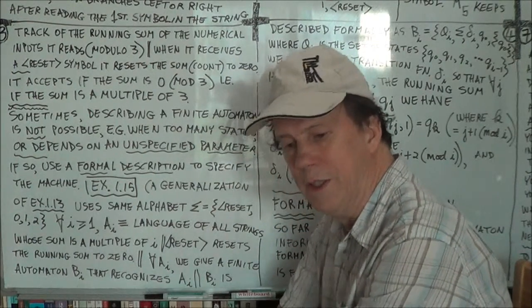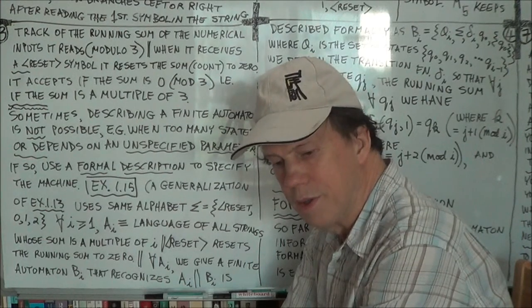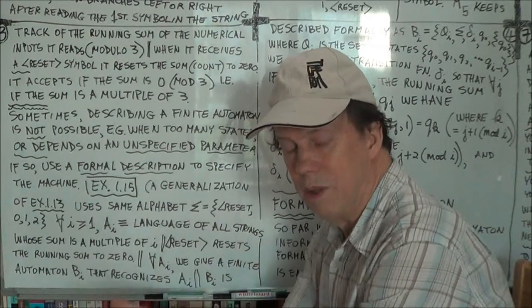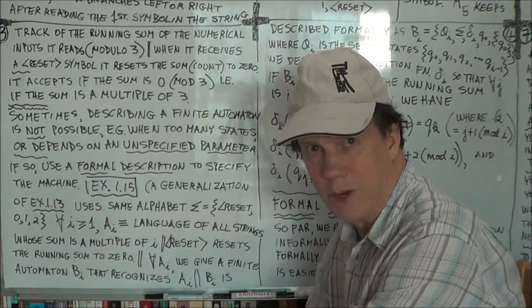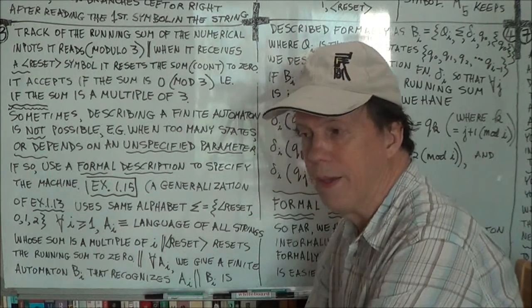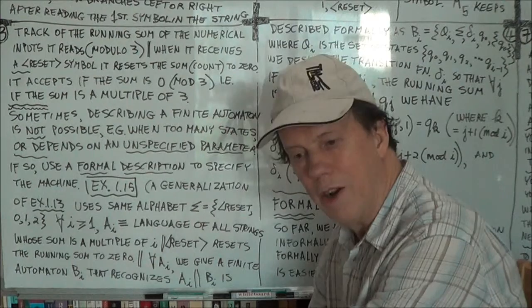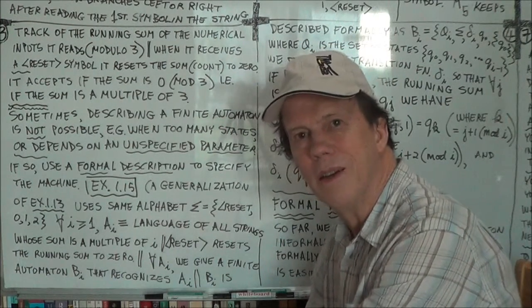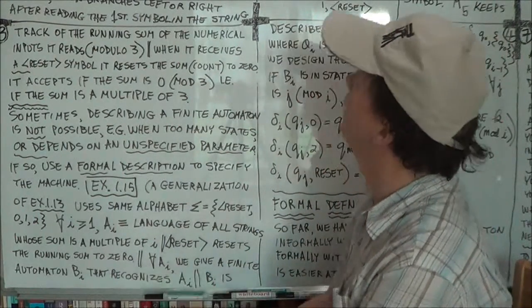So if it's not practical to draw a state transition or state diagram, then you have to go the other way and write out a formal definition. Now, if you can draw a state diagram, it's usually easier that way because it's intuitive and visual, and you can just see it, right?